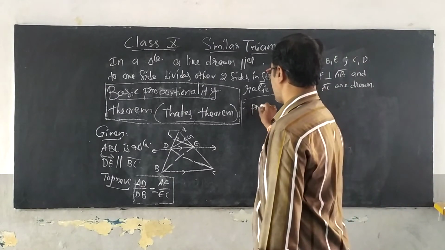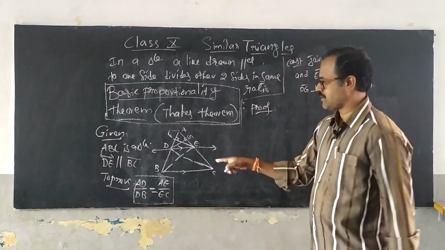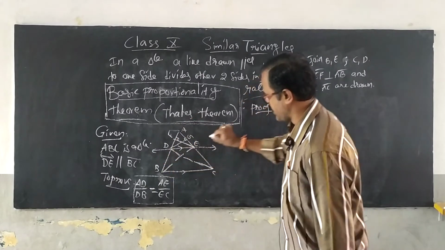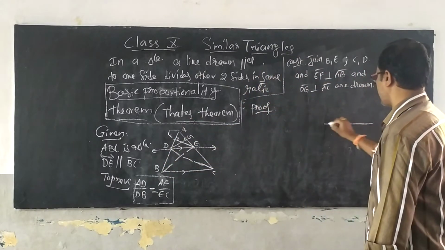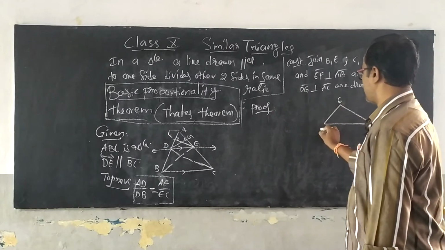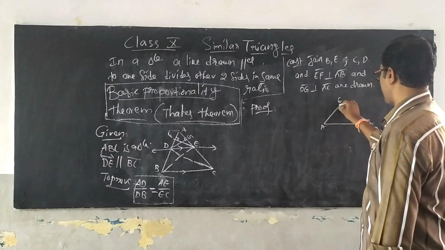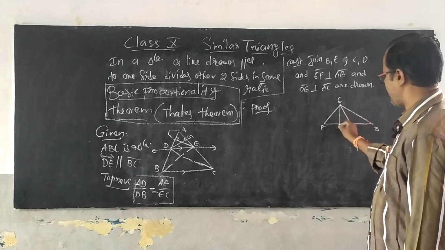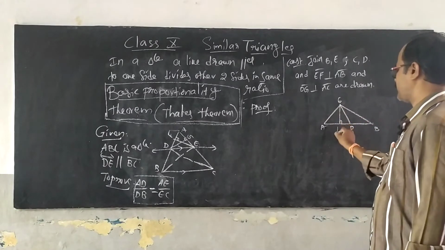So to take the proof, I consider a triangle. From this side you observe EAB. You can see a triangle here, EAB, where ED is a part of it. You can see that EF is a perpendicular drawn there.